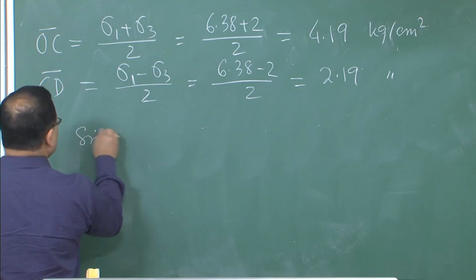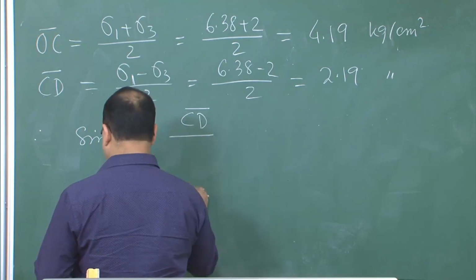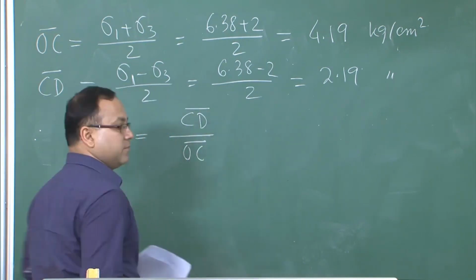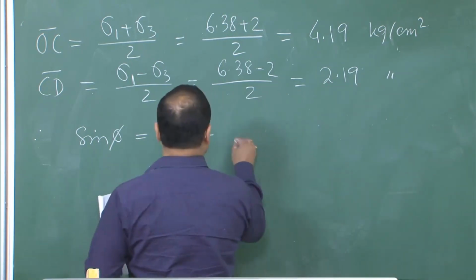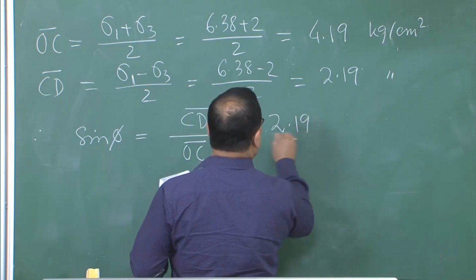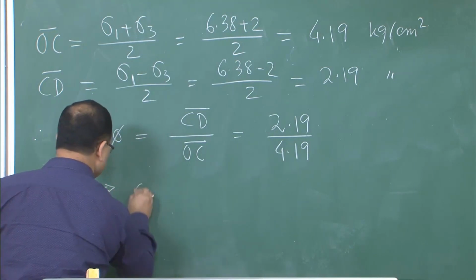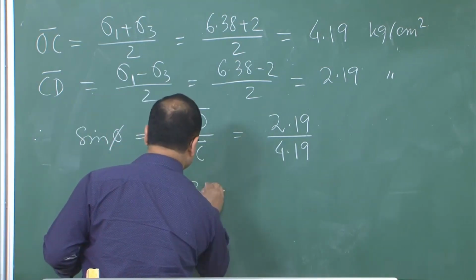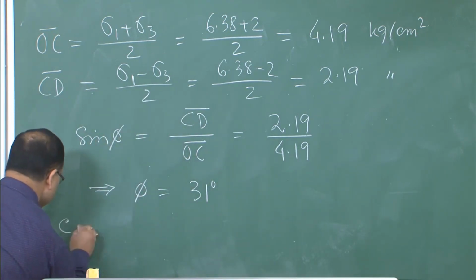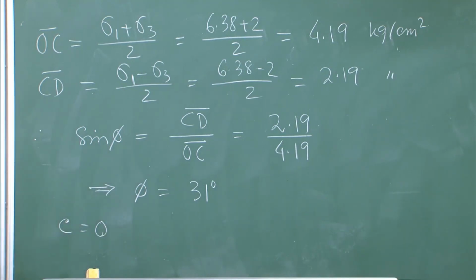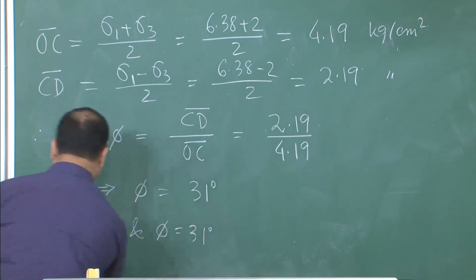Therefore, from the figure I can write sin phi is equal to CD by OC, which is nothing but 2.19 by 4.19. So, from this I get phi is equal to 31 degrees. Therefore, your C is 0. What are the shear strength parameters? C is 0 and phi is 31 degrees.